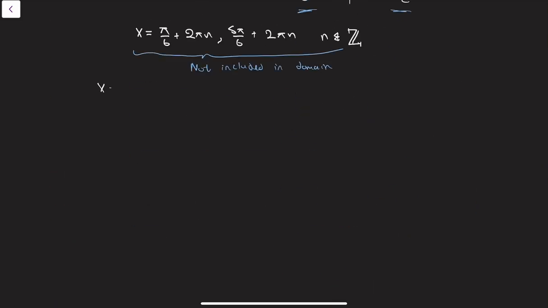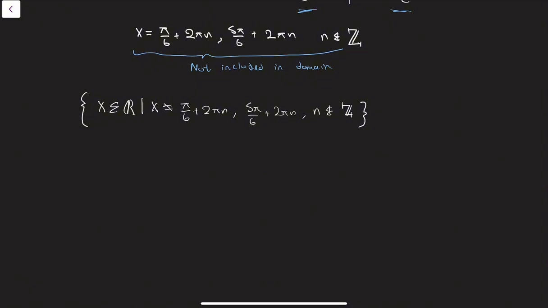So we can say x is an element of the real number system where x does not equal pi over 6 plus 2 pi n, as well as 5 pi over 6 plus 2 pi n, where n is an element of the integer system. And we can put these in curly brackets to know that this is our set of all solutions.